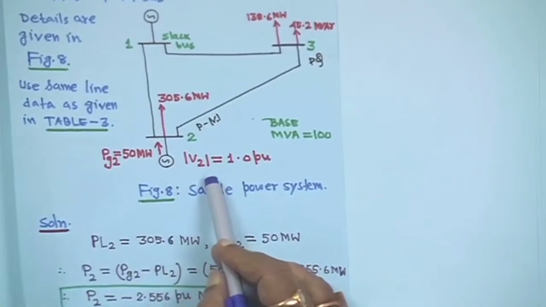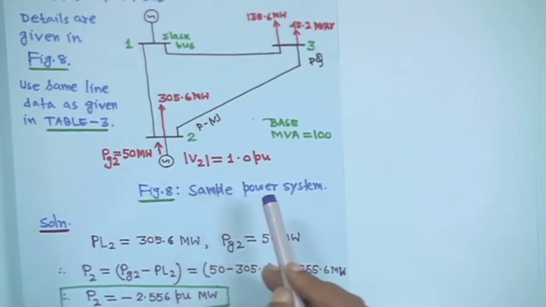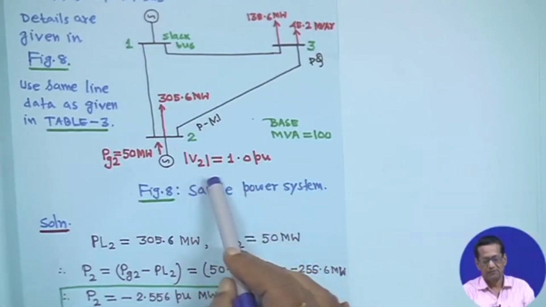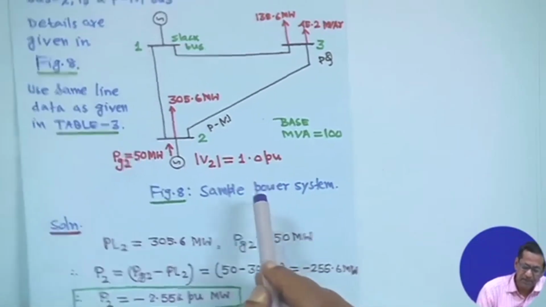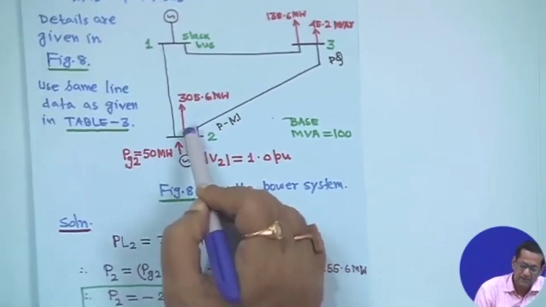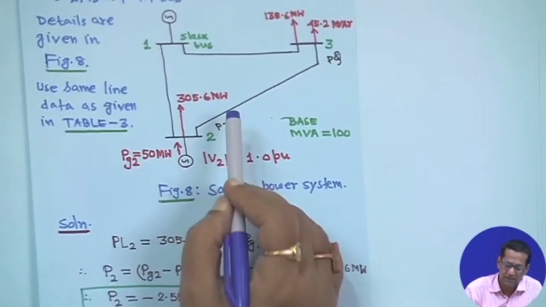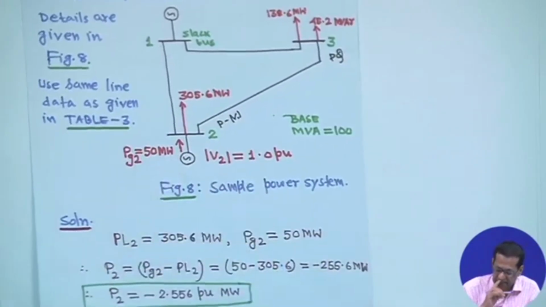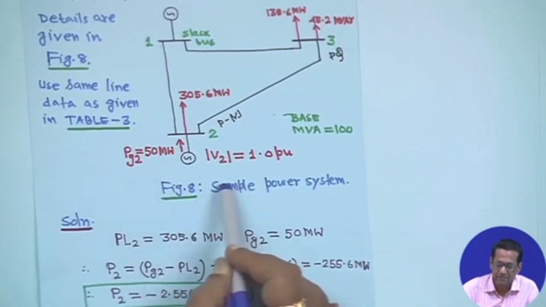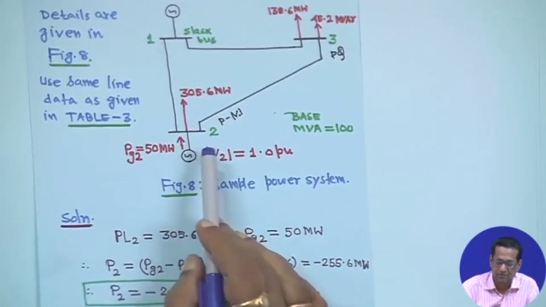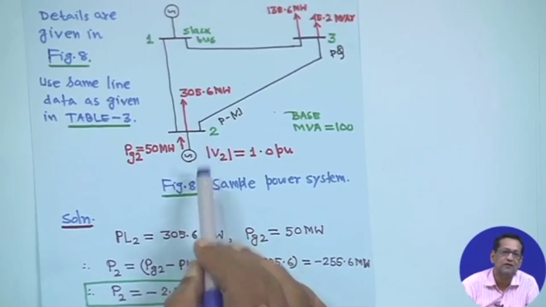At a PV bus, P has to be specified and voltage magnitude has to be specified. So voltage magnitude V2 is equal to 1.0 per unit, and load is 305.6 megawatt, Pg2 is 50 megawatt, but no other thing has been mentioned. That means at a PV bus, Q is not given.